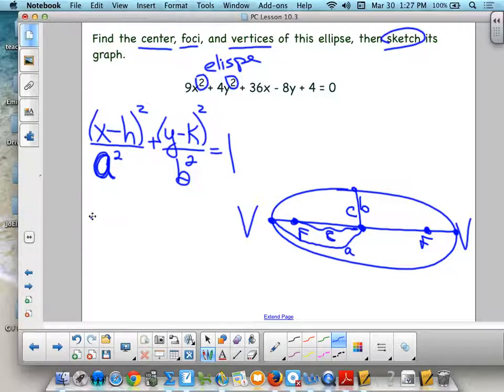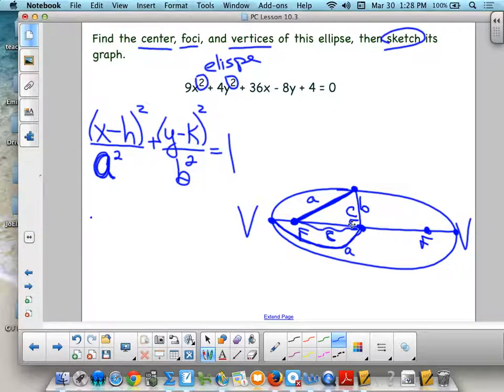Now, I created a triangle for you. I called it from foci up to the top of the ellipse. This distance right here turned out to be what distance? Remember, from foci to the top was exactly the same as center to the vertex. This is A. And with that triangle, you have a right triangle.